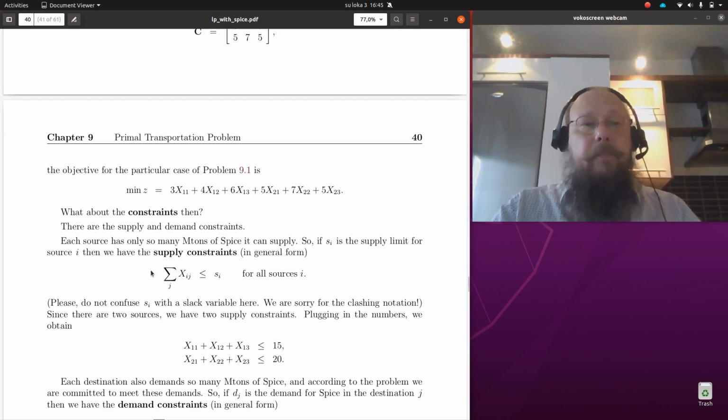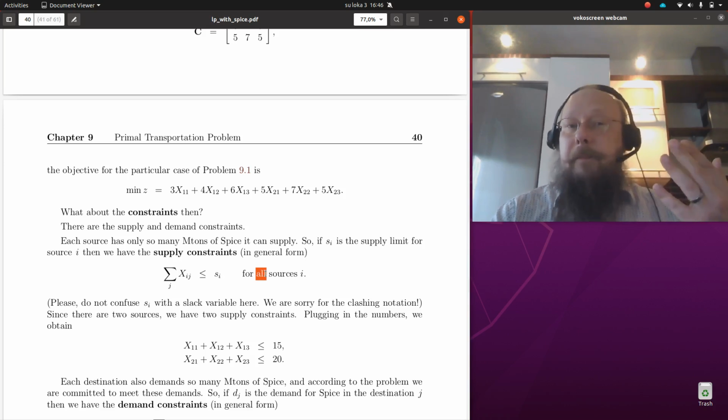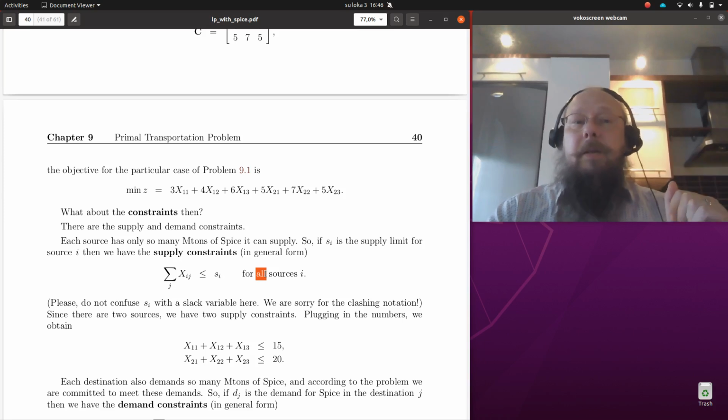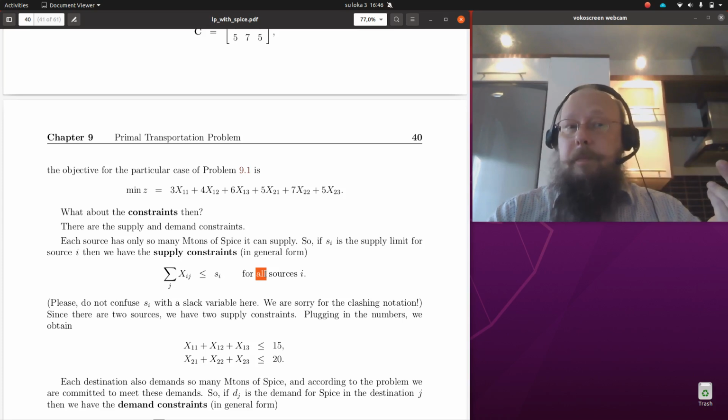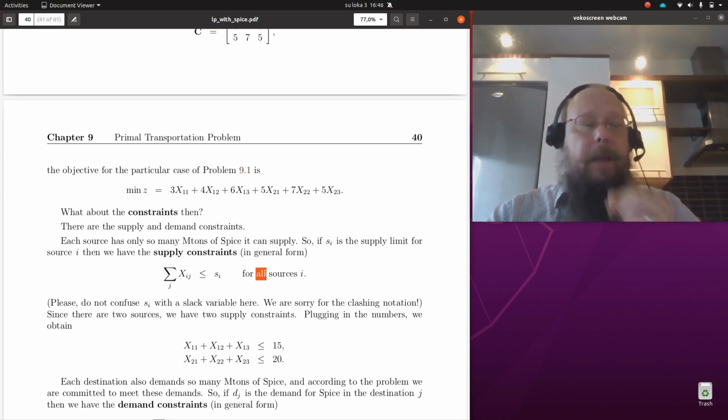This is the constraint for a fixed i, and it holds for all the sources i, so we have as many supply constraints as there are sources. And again, I should maybe have pointed this out earlier.